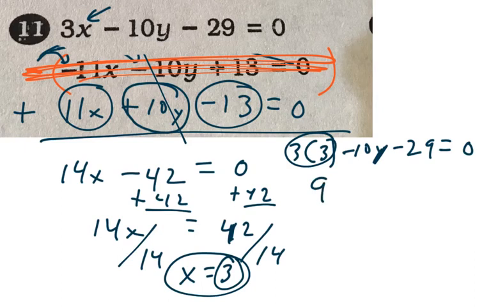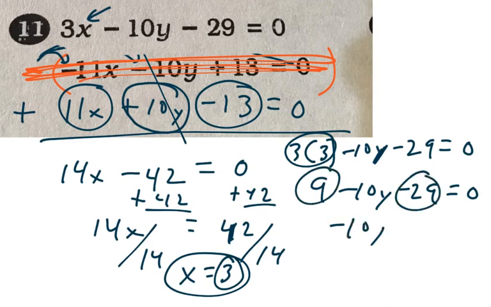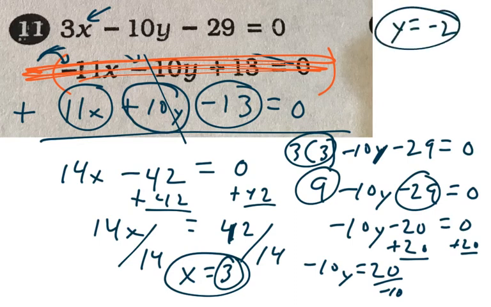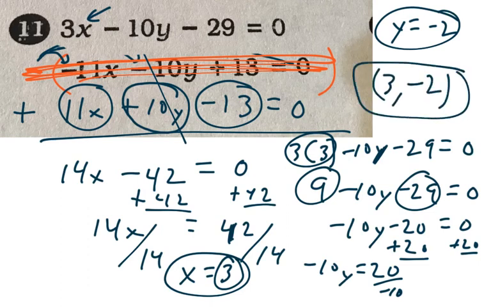And 3 times 3 is 9. 9 minus 29 will make a negative 20. And now I'm going to add 20 to both sides. So negative 10y is going to equal 20. And once I divide by negative 10, y is going to equal negative 2. And therefore, my final solution is x is 3, y is negative 2.